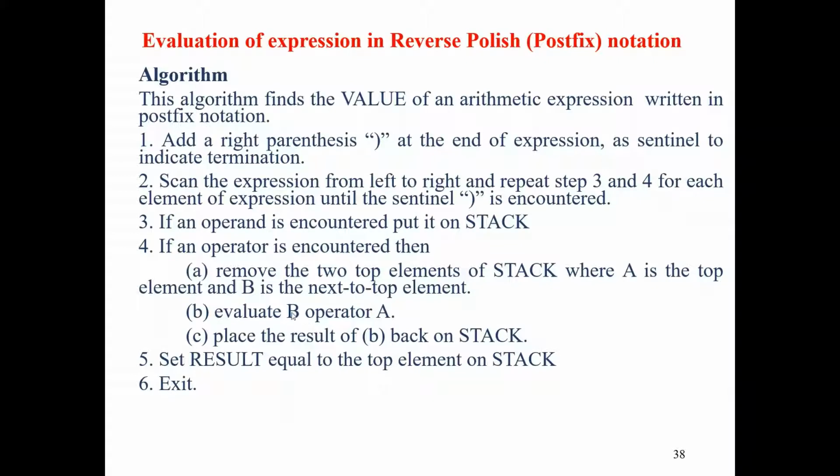So how will we be evaluating the expression? Whichever operator we have encountered will be used in order to evaluate the expression B operator A. When you see the example, it will be clear. And after evaluation, we will be getting a result. That result will be pushed back onto the stack. Okay. This is much easier than the other one.